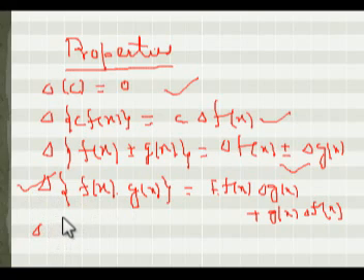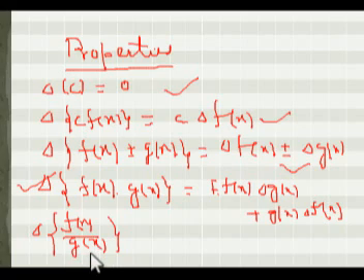Easy. You just need to check del of f(x) by g(x), the quotient relation of two functions, where g(x) is not equal to 0 for any given argument.